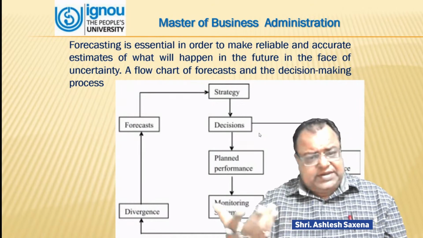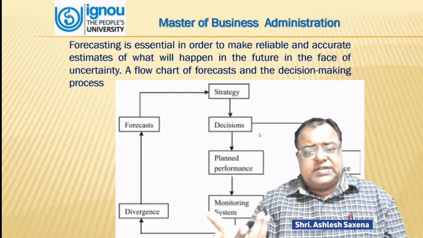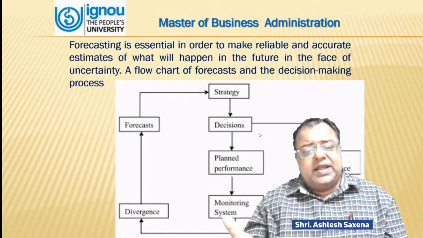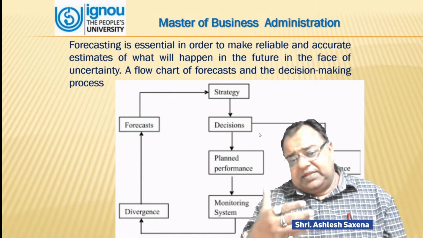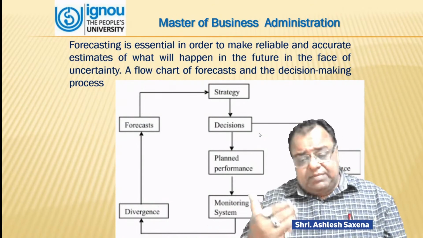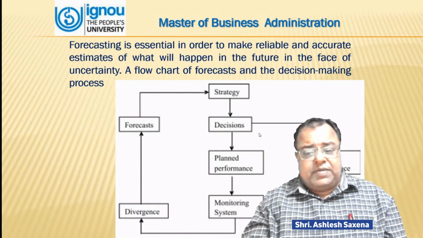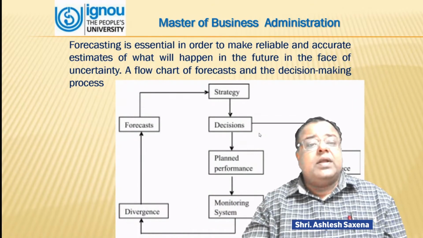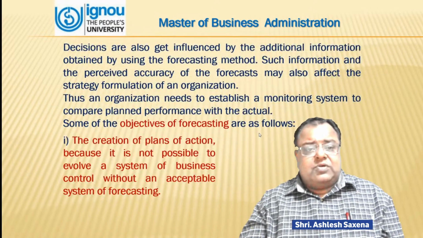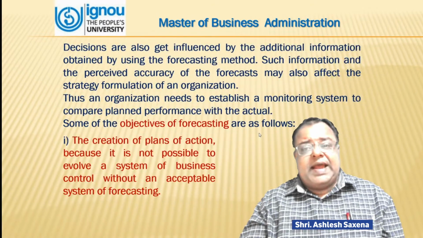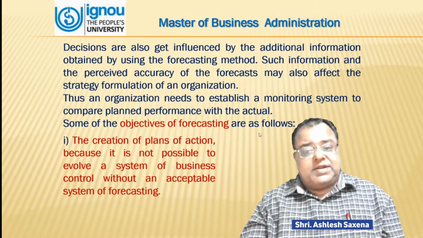Forecast sets strategies. When strategies are made, the decisions are taken, and a planned performance is made. The monitoring system is there, and with the decisions and the monitoring system, the actual performance is calculated. Decisions also get influenced by the additional information obtained by using the forecasting methods.